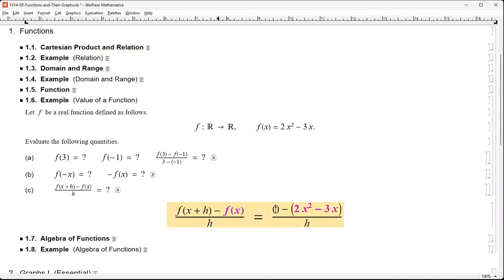Now let's do the same thing for this one here. Let me highlight this in blue. Okay, alright.